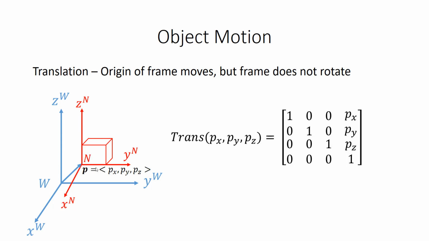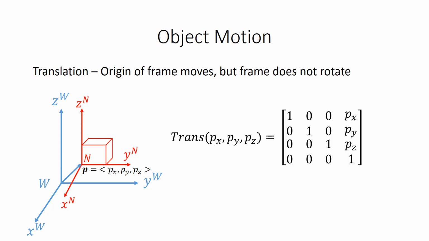You can view that over here: we've got the n frame and everything is going to be parallel to the w frame. The thing we have to look out for is the origin of n. We're going to have to find some position vector pointing from w's origin over to n's origin, and that's what gets plugged in over here in this last column, px, py, pz.